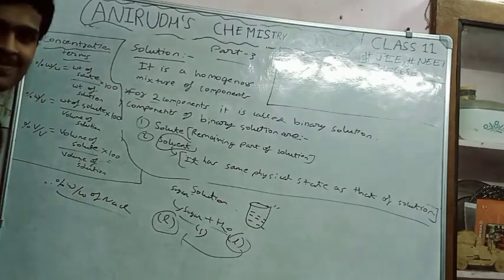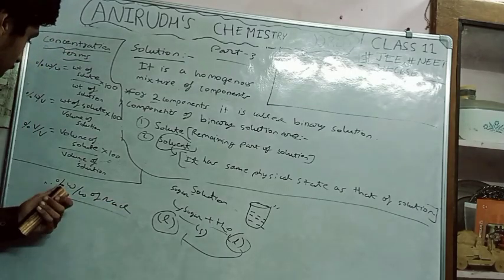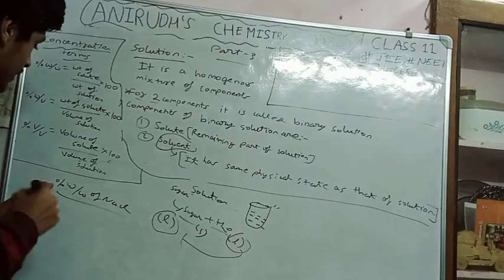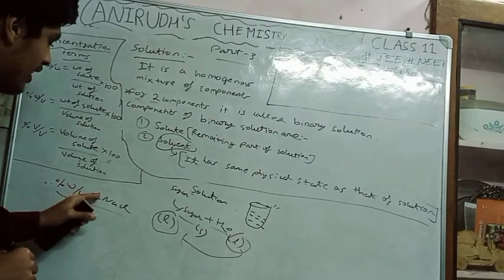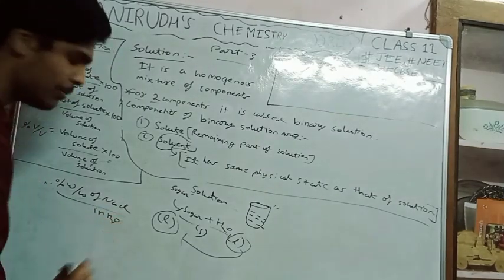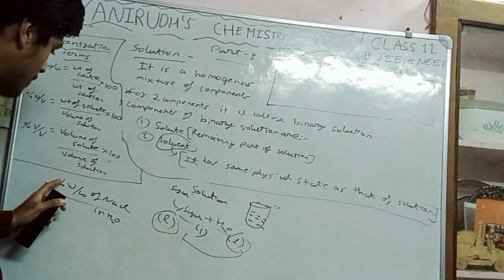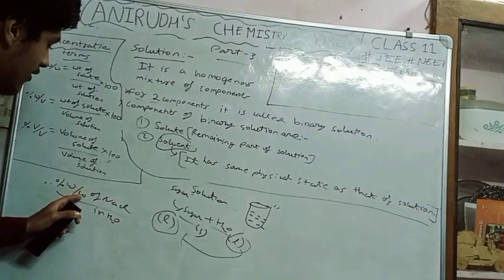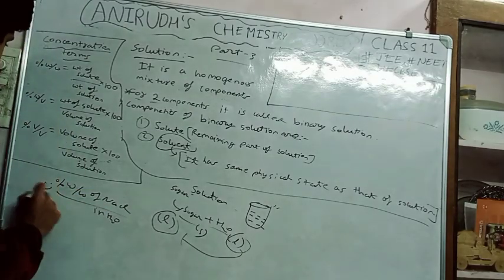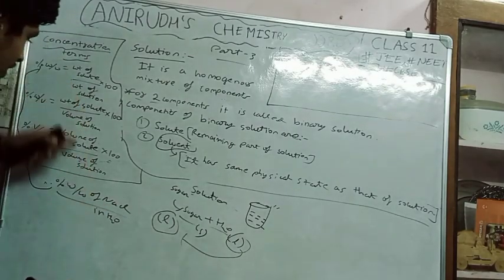What do you understand? Suppose the percentage weight by weight of NaCl is in H2O. You should understand it like this. But first you learn this, I will tell you this.